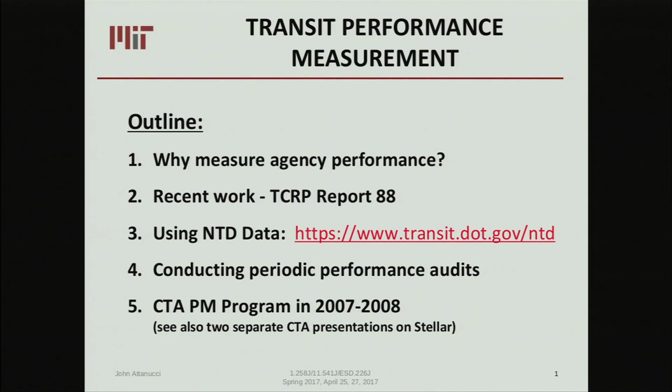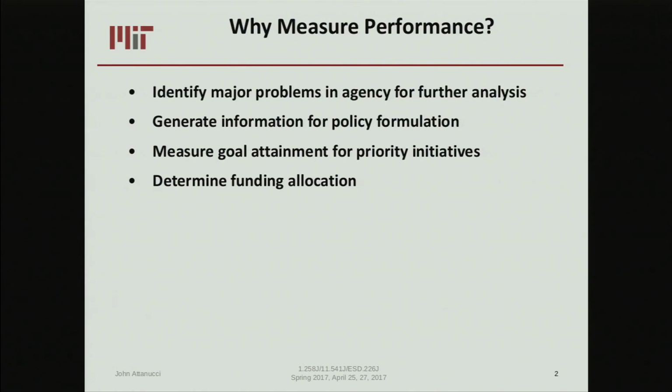A lot of people want to compare themselves to other people. There's this national database, and this is the website, and you can see performance measures from everyone in the country on a pretty much equitable, reasonable basis. And then there's the concept of performance audits, which we'll talk a little bit about.